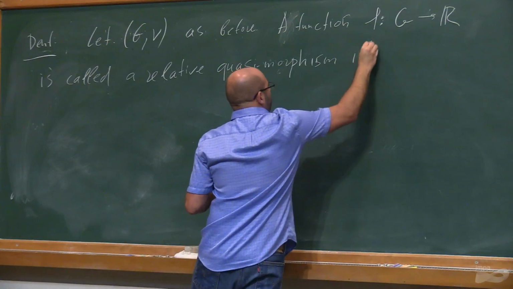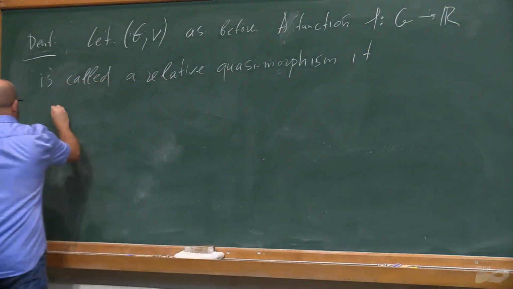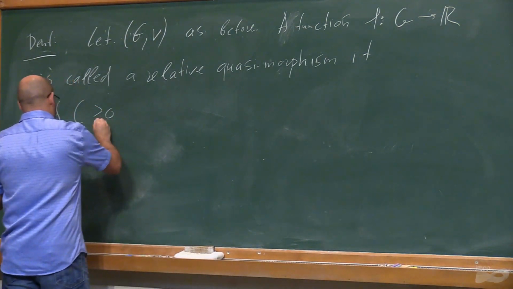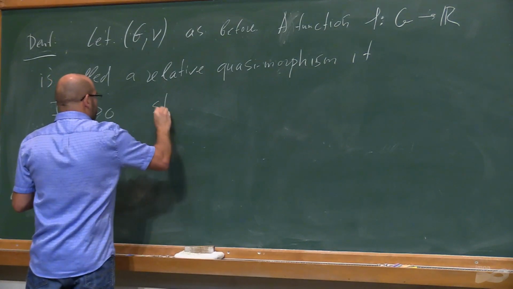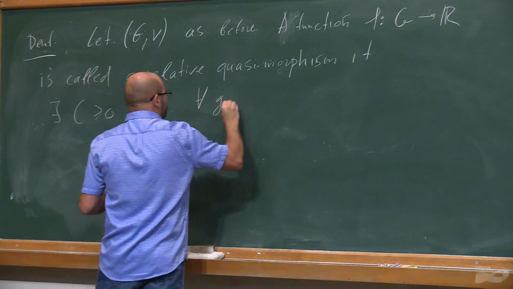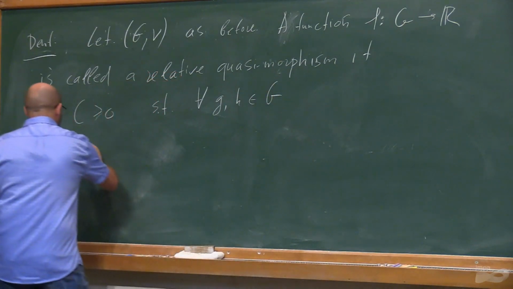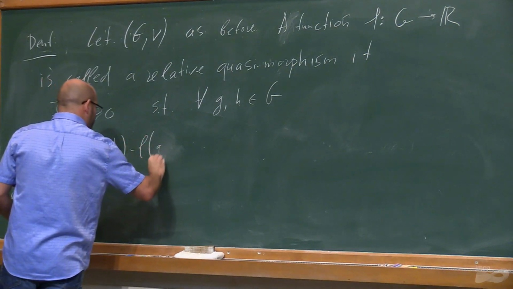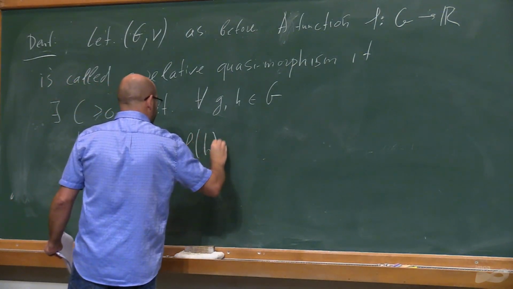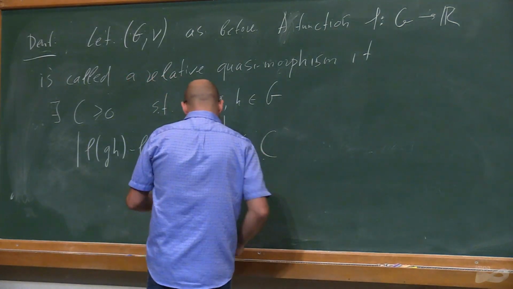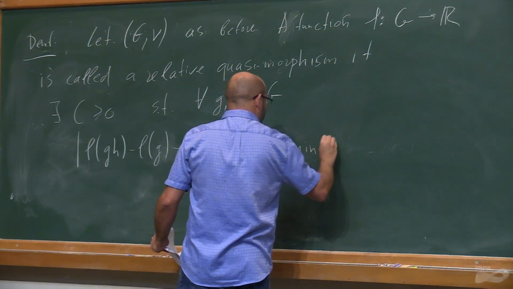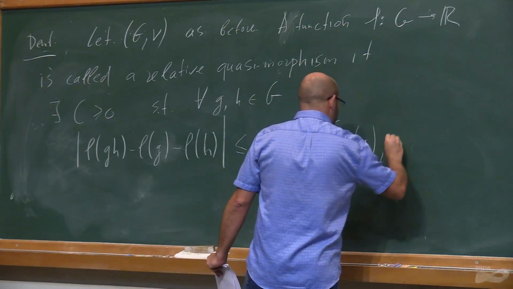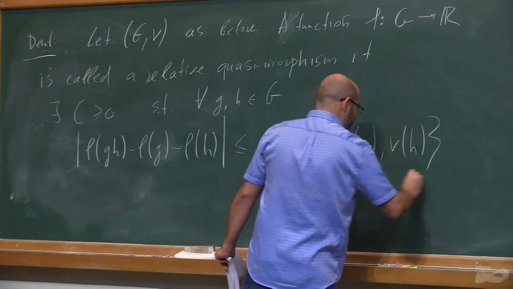If the following happens: there exists C greater than 0, let's say you can write it even greater than or equal, such that for all G and H in G, we have |phi of GH minus phi of G minus phi of H| is less than or equal to C multiplied by the minimum of nu G and nu H. Okay.